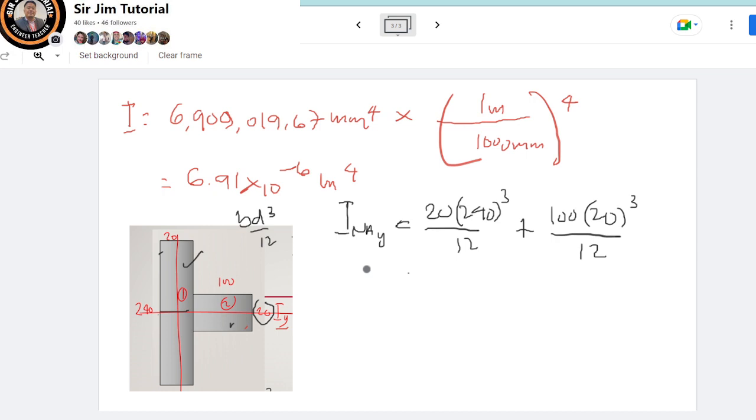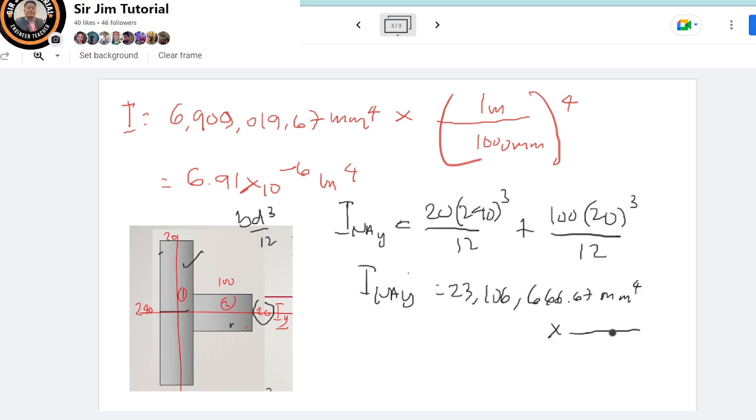So Iy, the moment of inertia with respect to the y neutral axis, calculating this one, we have 23,106,666.67 millimeter to the power 4.